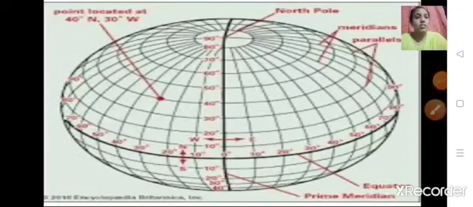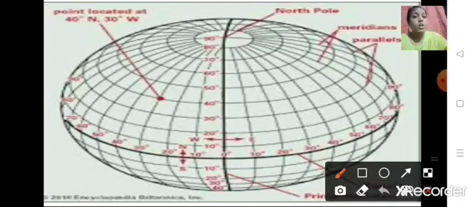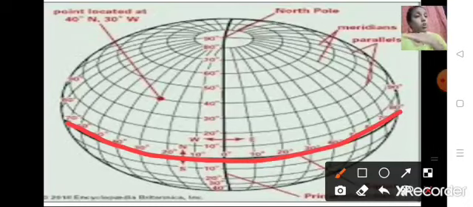Now children, look at this diagram and try to understand. Like equator is the center of the earth in a horizontal way. For latitude, equator is the center.